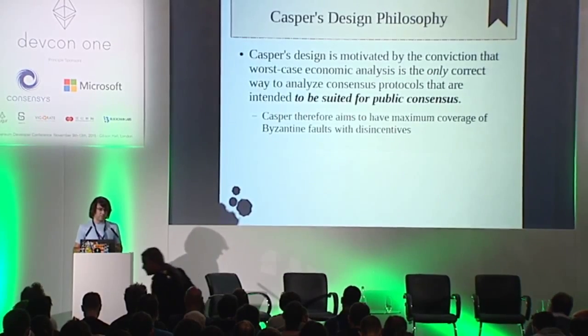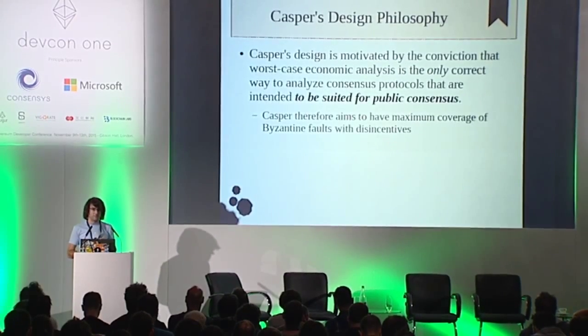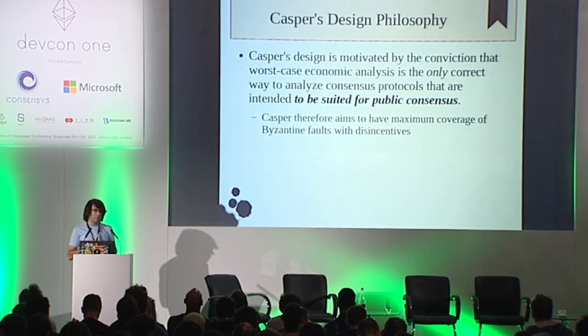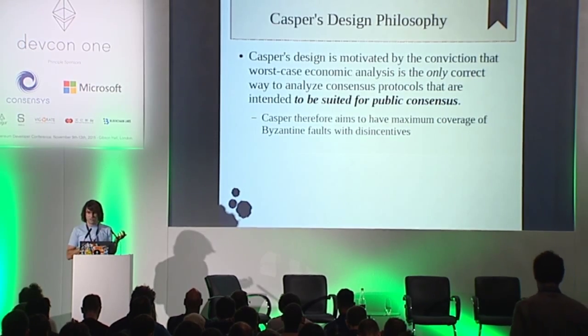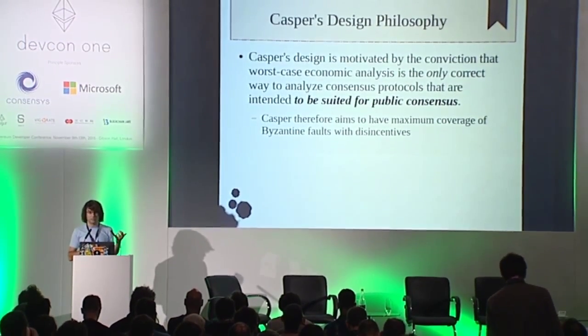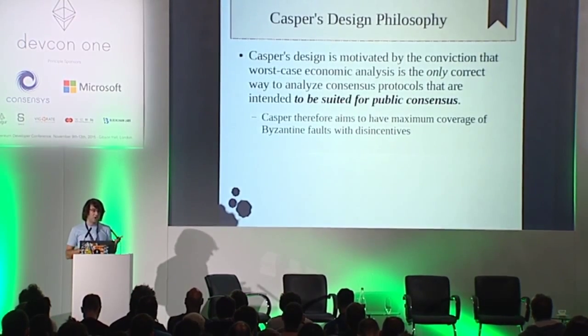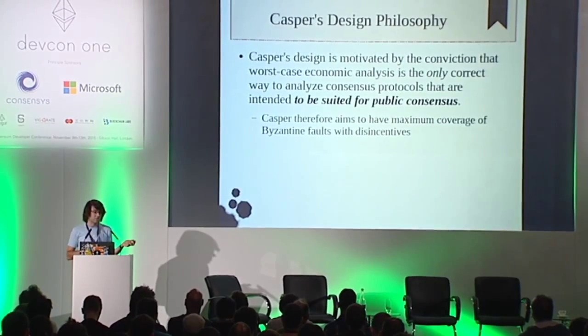So basically, what we want to have is coverage of Byzantine faults with disincentives, and specifically Byzantine faults that undermine protocol guarantees. The reason we want to cover them with disincentives is because we want an attacker who has a budget to spend to have to budget a lot of money in order to undermine the properties of the consensus protocol.